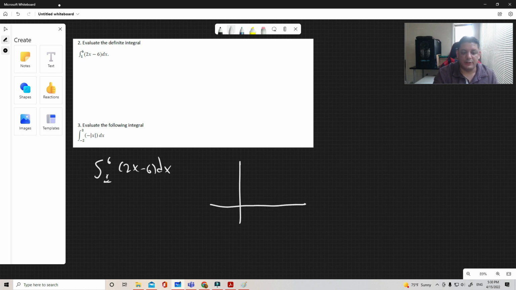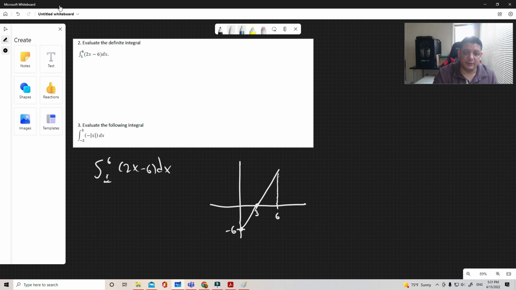At least we know that this is the equation of a line and it has positive slope, and when this crosses 0, this is going to be minus 6. So we have this piece here. Now this is going to be crossing 0 when x equals 3. And it's going to continue, and when we have x equals 6, we're going to have this little piece over here.